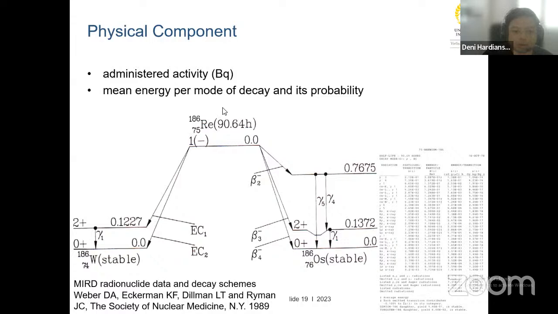Or it can also move to the electron capture mode of decay, move here, create a gamma 1 decay and become stable W. So here you can imagine that one radionuclide can create different possibilities.